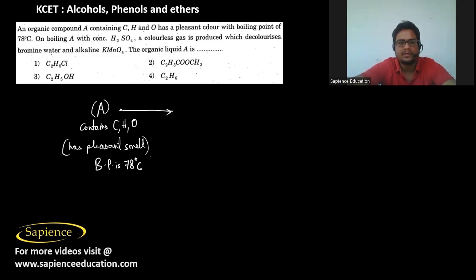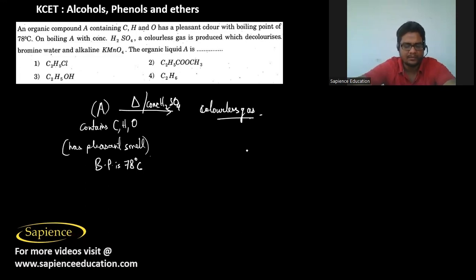When A is heated in concentrated H2SO4, then a colorless gas is produced. This colorless gas decolorizes bromine water and alkaline KMnO4.